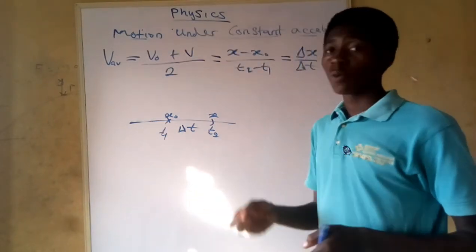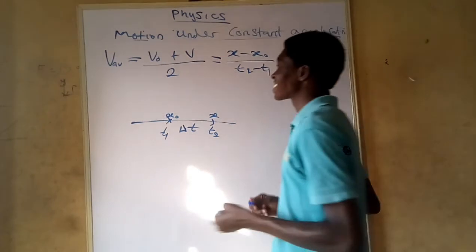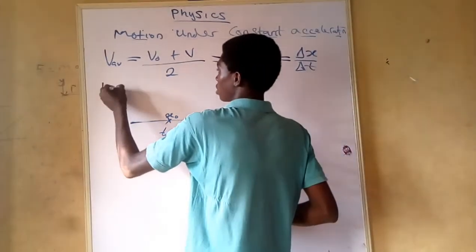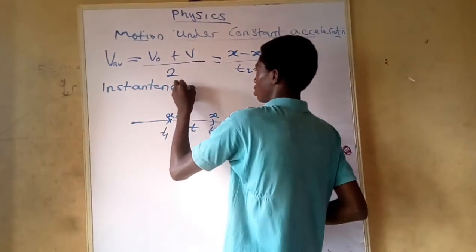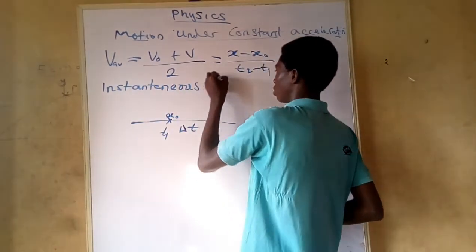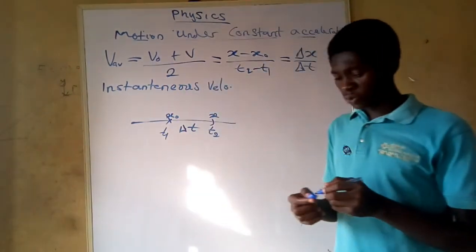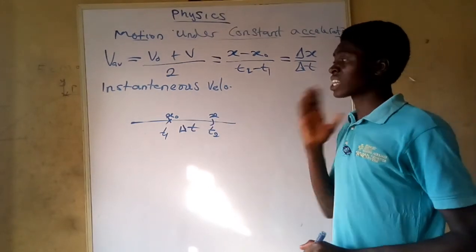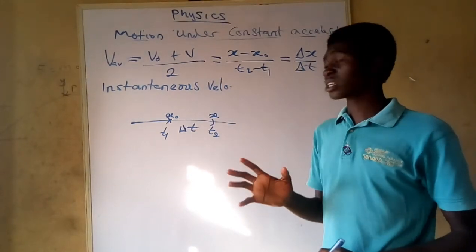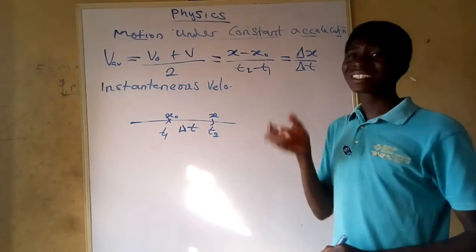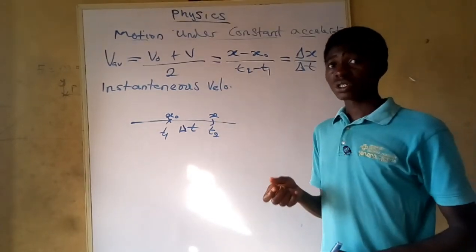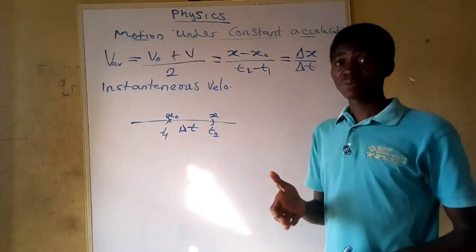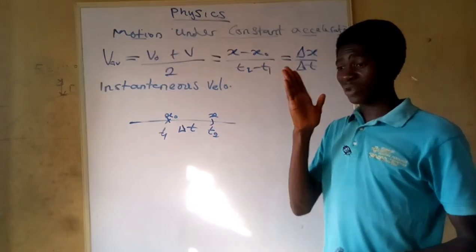But there is something we call instantaneous velocity. So when do we have instantaneous velocity? We have instantaneous velocity when the time interval is very very short, that is a velocity at an instant.